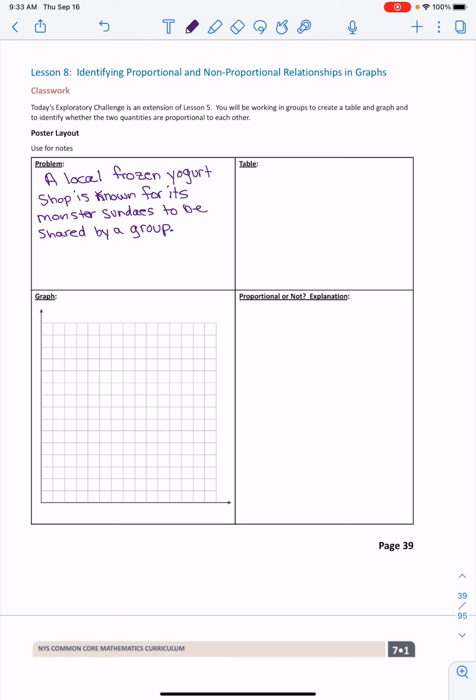Okay. And we are going to create a table, and then graph, and explain if the quantities are proportional.